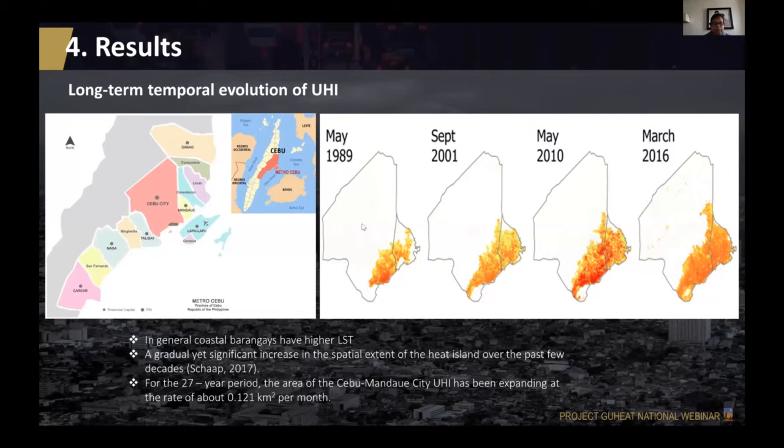In 1989, this is Cebu City, then this is Mandaue City. Now, in just 2 years, one can see the growth of the UHI area.